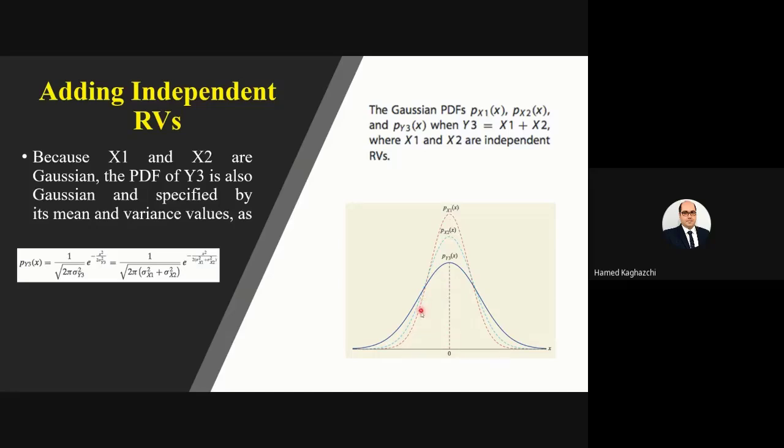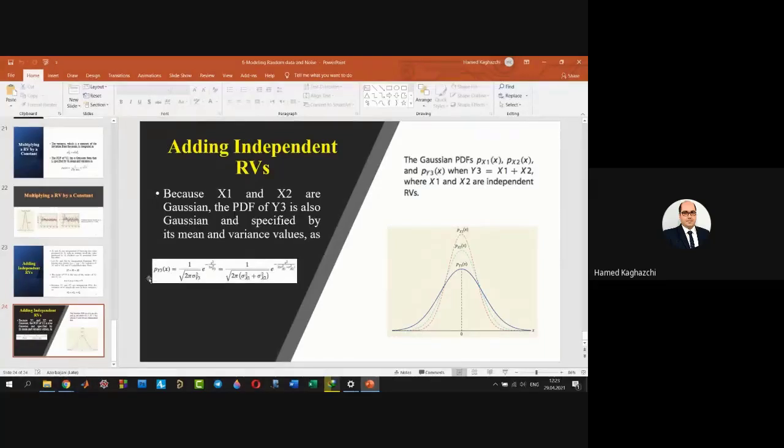I only have a change in the standard deviation and also the amplitude, because this term of the function represents the amplitude. Okay, what did we learn here? We learned how I can model a noise and produce a random variable.